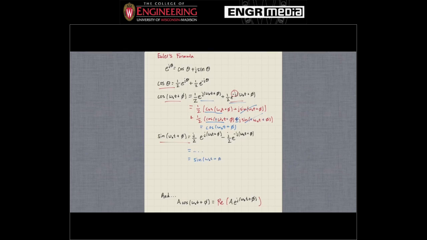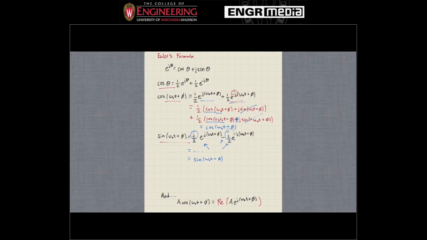After plugging in Euler's identity for this term and for this term, and noticing again the differences here, we have a j here, also a j here, and then a minus sign here. Okay, so that's how it differs from cosine.